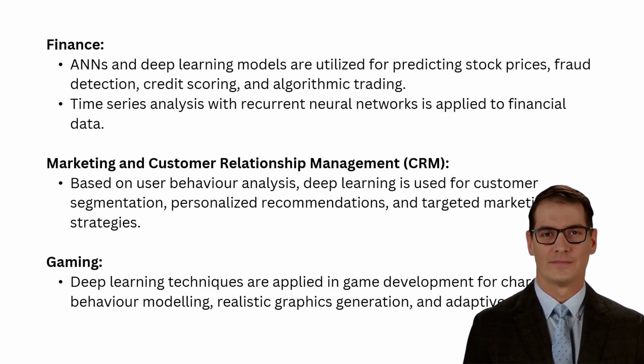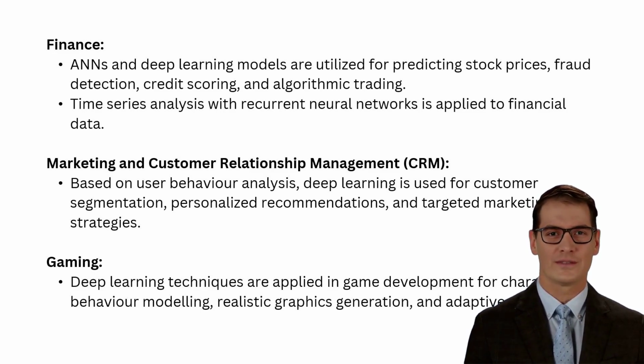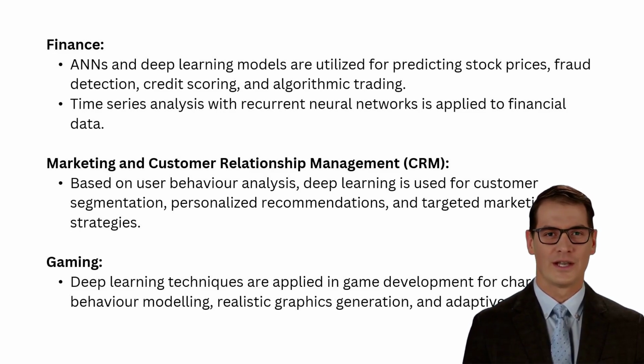In similar vein, in marketing and customer relationship management, deep learning models are used for behavior analysis to facilitate customer sorting and personalization. Lastly, deep learning models are utilized in game design to create lifelike characters and graphics, in addition to adaptive gameplay. Due to this potent technology, all of these industries have experienced a dramatic surge.